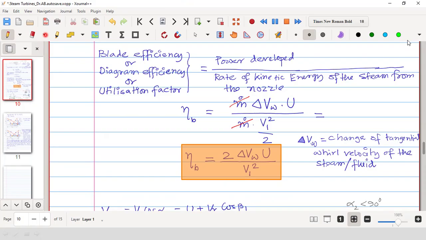So incoming and outgoing. So comparing that, that is the change, delta VW.